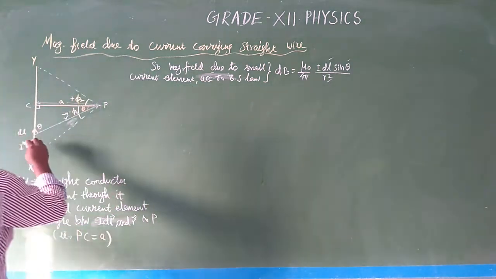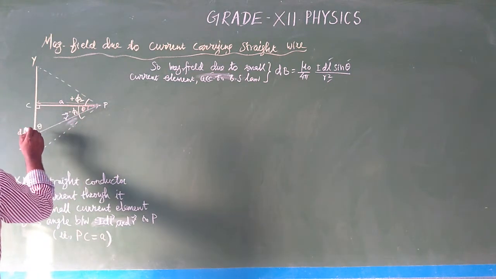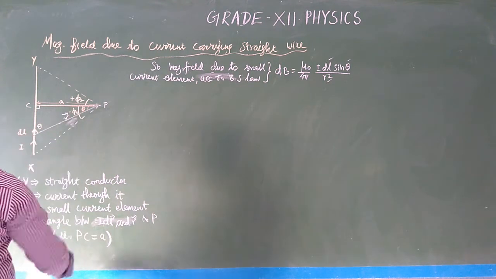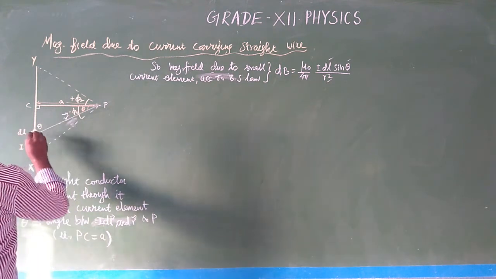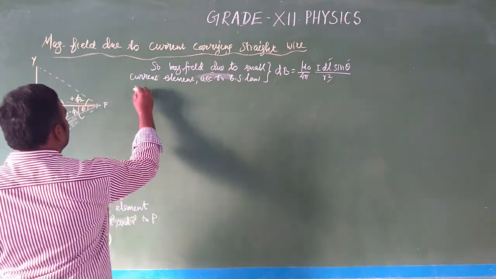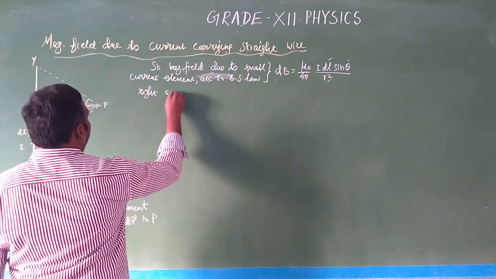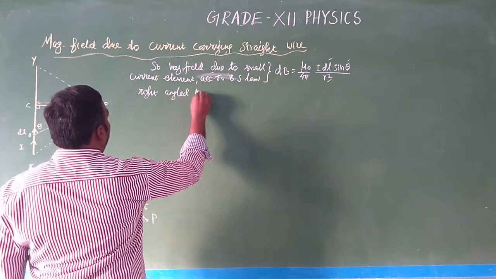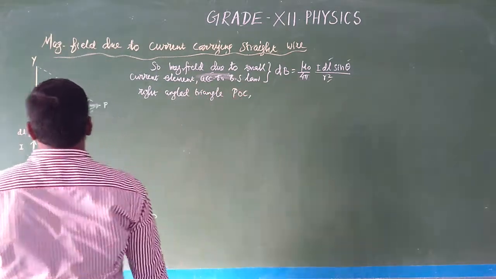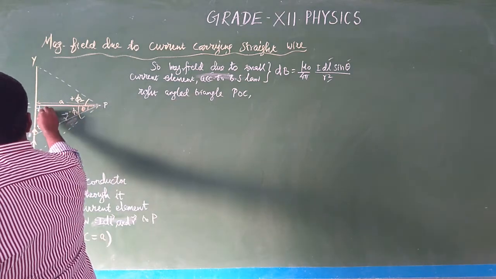So first term எடுத்துக்க போறது right angle triangle POC. So in the right angle triangle POC, this is 90 degree.